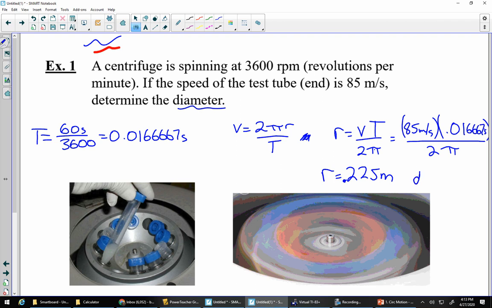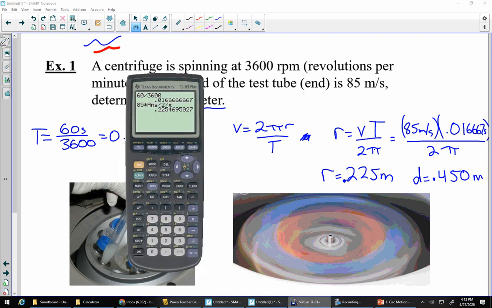So diameter is equal to 45 centimeters, or 0.450 meters. I'm going to double check that because I'm pretty tired. Times 2. Good. 45 centimeters. Awesome. Okay. That kind of makes sense.